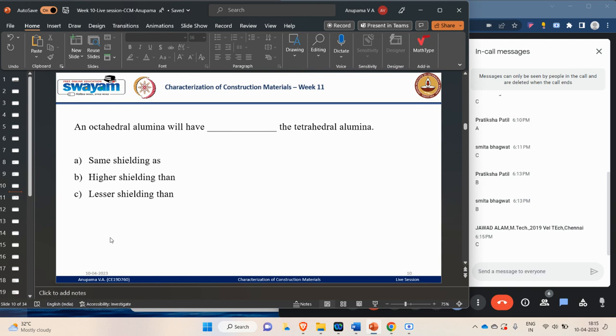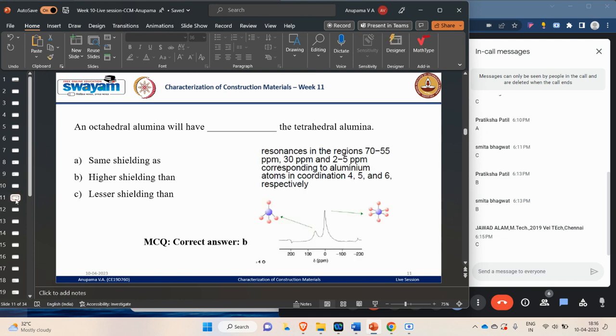Let me wait for the other responses as well. Okay, I guess that's the only response I'm receiving. Correct answer is option B, that is higher shielding.